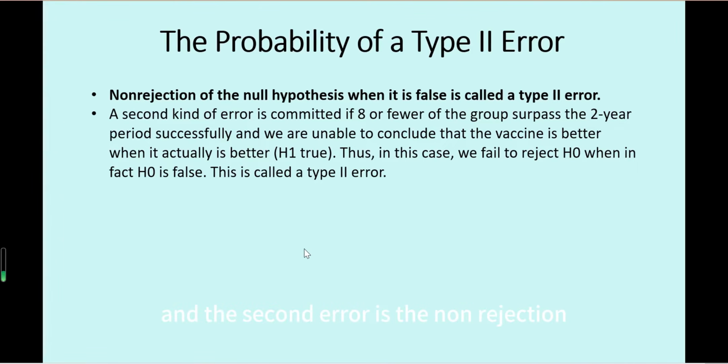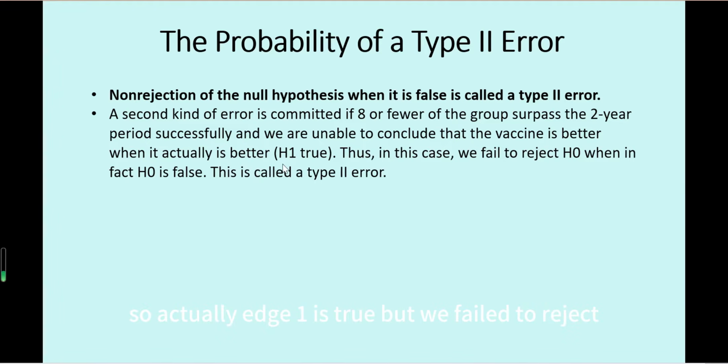And the second error is the non-rejection of the null hypothesis, but actually the null hypothesis is false. So this is called a type 2 error. For example, if we get 8 or fewer of the group surpass the 2-year period successfully, and we are unable to conclude that the new vaccine is better, when actually the new vaccine is better.